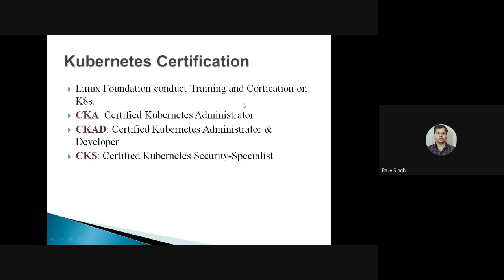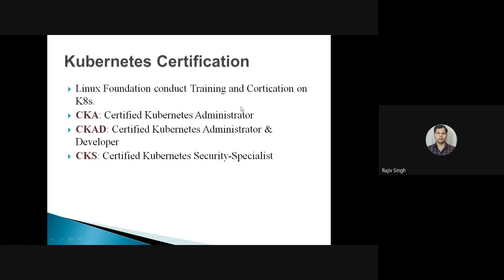In Kubernetes, there are three types of certification. The first one is CKA, Certified Kubernetes Administrator, the second is CKAD, Certified Kubernetes Application Developer, and CKS, Certified Kubernetes Security Specialist.